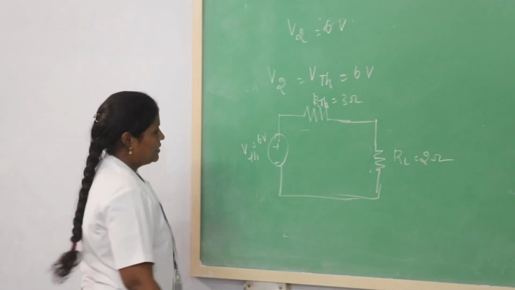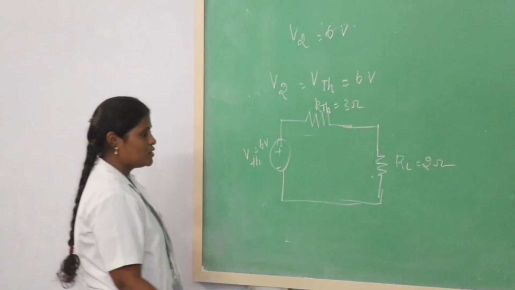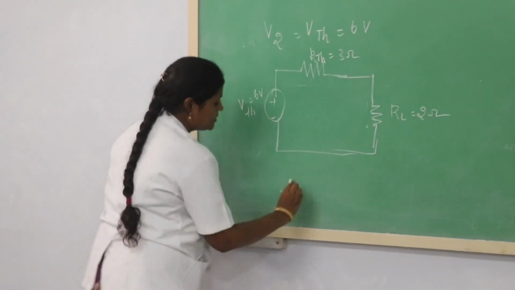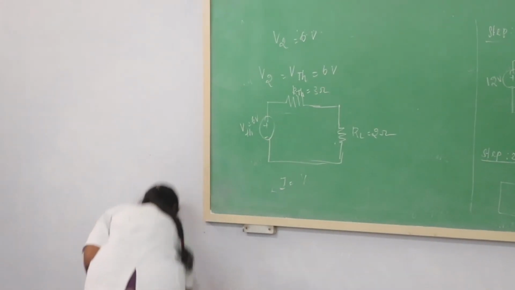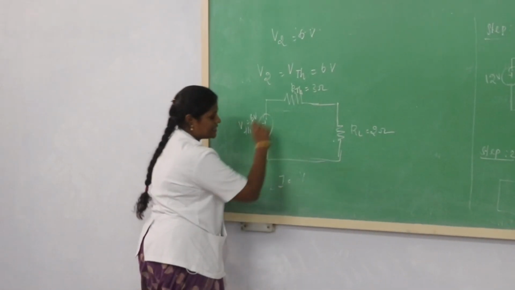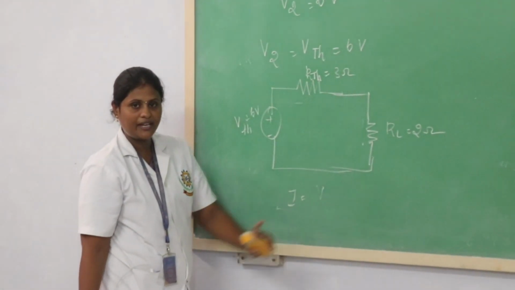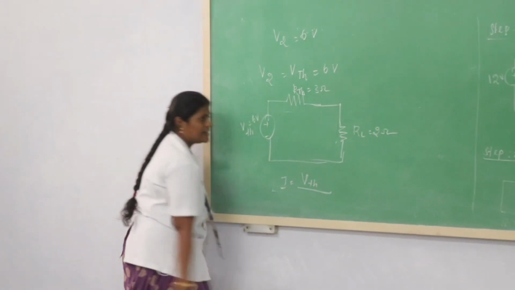Okay. So, in this circuit we will find the current value. We know that current is equal to voltage divided by resistance. So, I is equal to VTH divided by resistance.